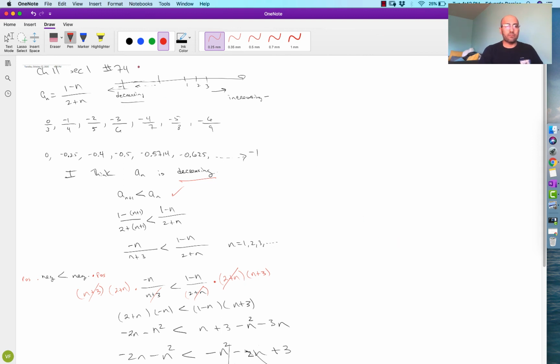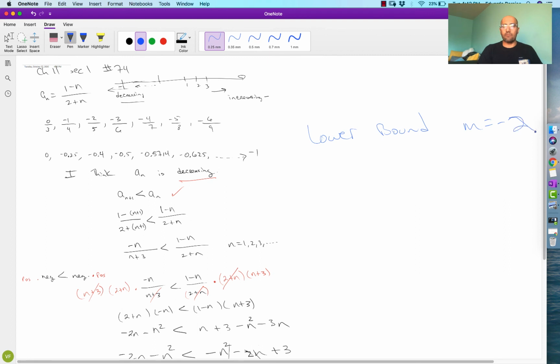A lower bound is any value where all the values in my sequence are bigger than this one. So the lower bound could be m equals -2, for example, or m equals -7. Anything lower than -1 is a lower bound.